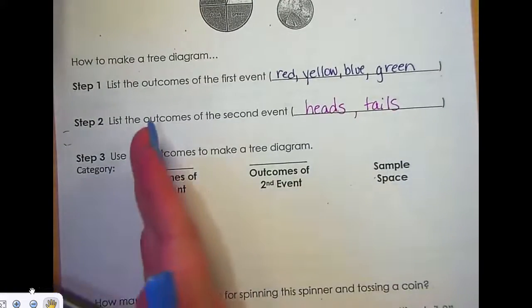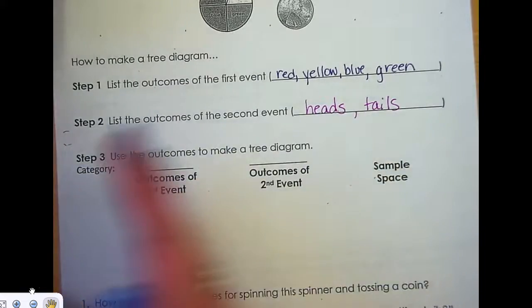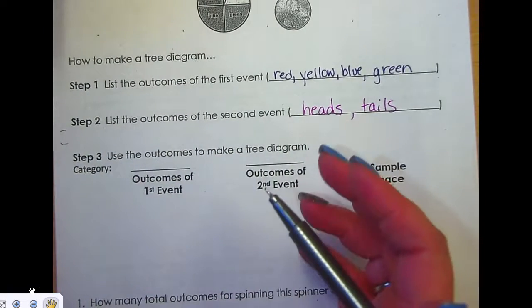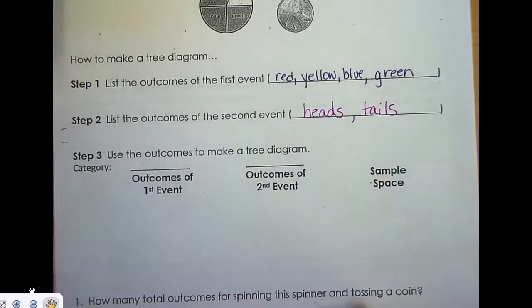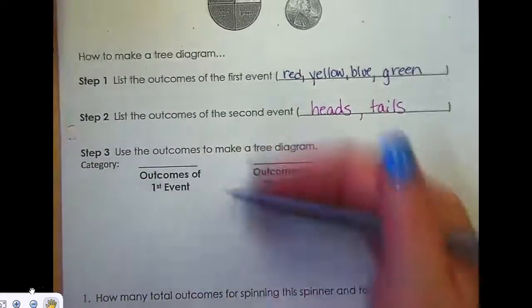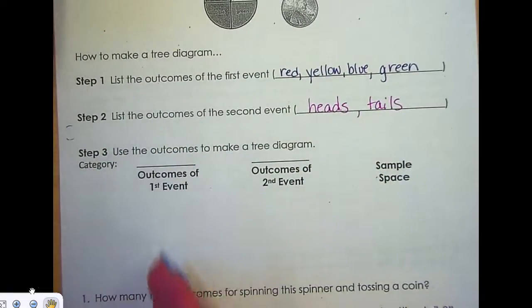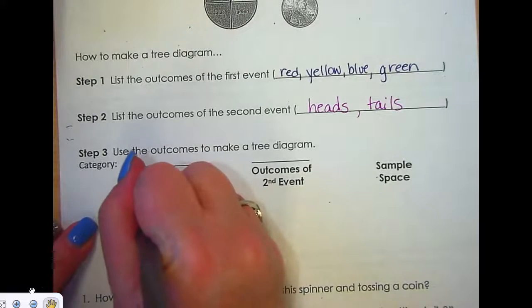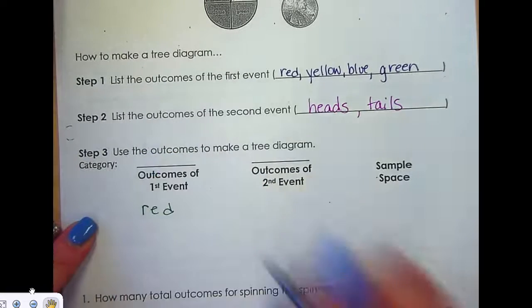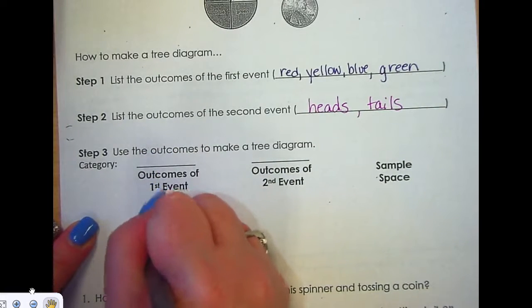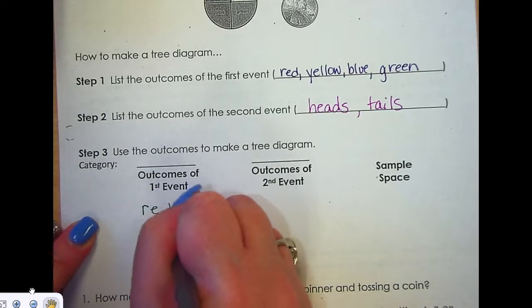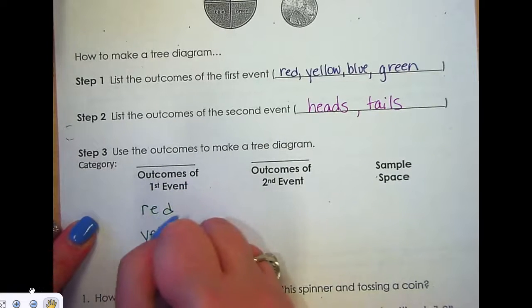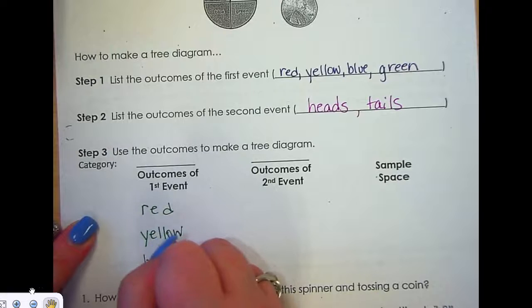And they want us to list our tree diagram sideways like we did yesterday. That's not the way I prefer to do it. I prefer to do it top down. But we're going to list our outcomes of our first event here. So we have our first is red. The second is yellow, blue, and the last one is green.